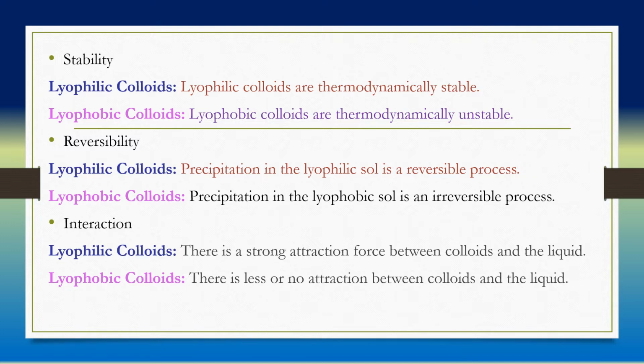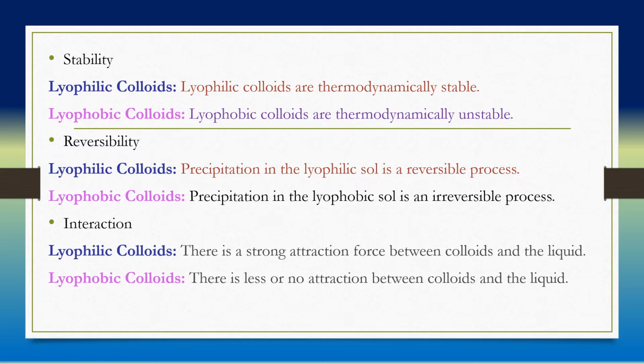In terms of reversibility, precipitation in a lyophilic sol is a reversible process, and lyophilic sols are precipitated only by a high concentration of electrolytes when the sol particles are desolvated, while lyophobic sols are precipitated even by a low concentration of electrolytes, the protective layer being absent.